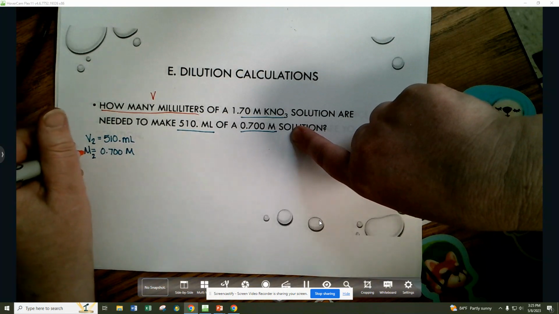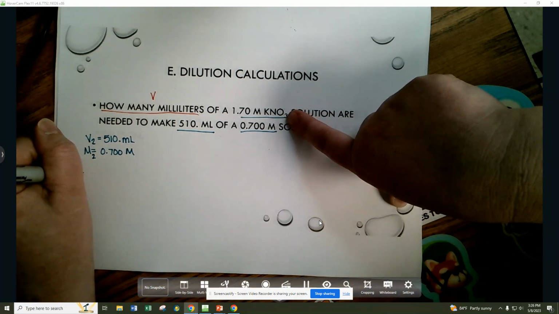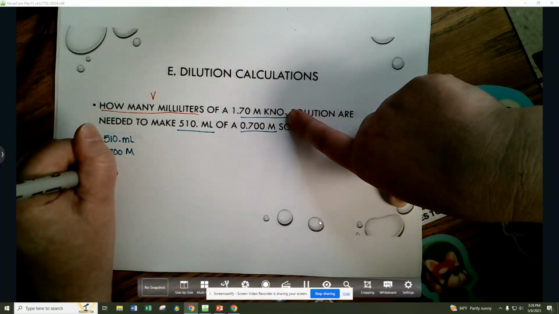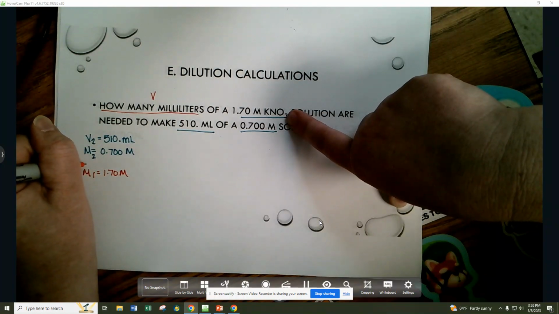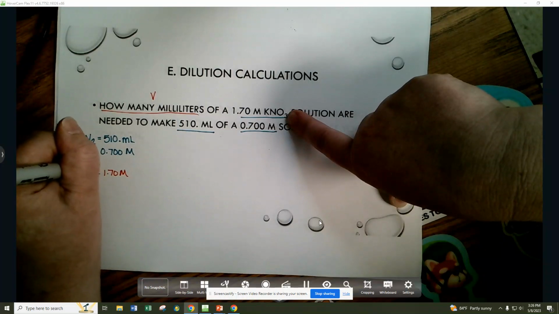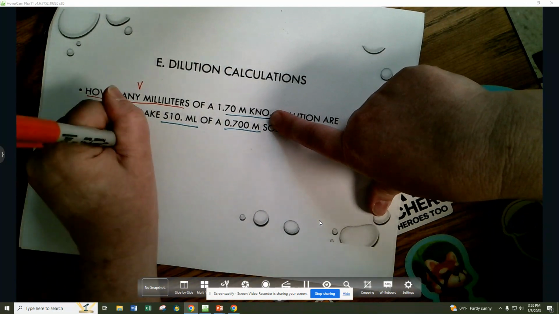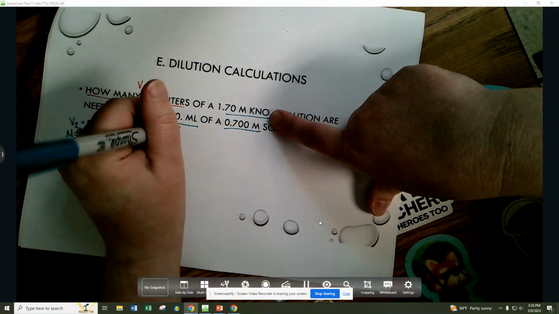So I know my concentrated stock solution that I have on my shelf has a molarity of 1.7. I want to know how much of this I need to add to water to dilute it, to water it down. So V1 is my question mark, where I have M1V1 equals M2V2.